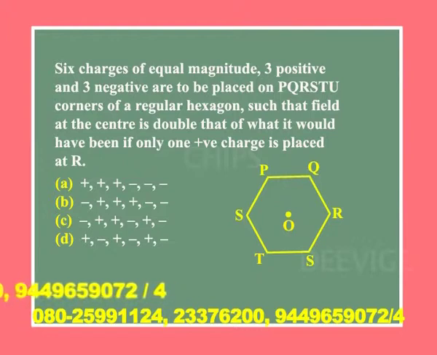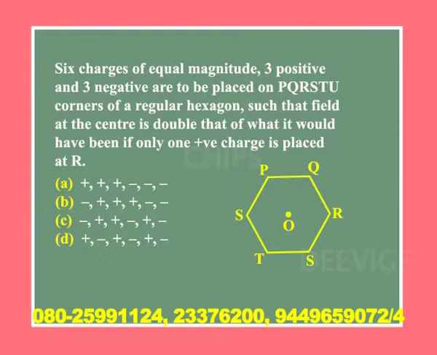Now, let me take up the next question, which was asked in a previous year IIT paper. Six charges of equal magnitude, 3 positive and 3 negative, are to be placed on the PQRSTU corners of a regular hexagon such that the field at the center is double that of what it would have been if only one positive charge is placed at R. Options are like this.